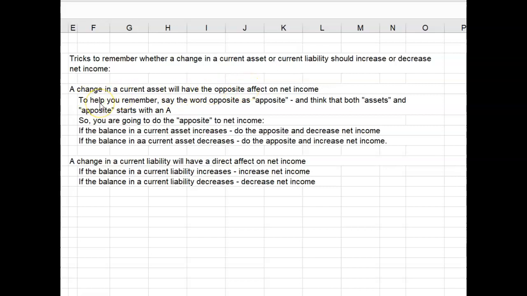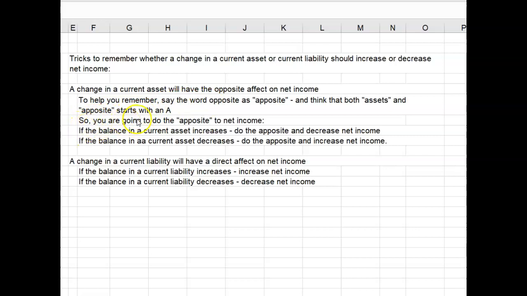And I find that if I pronounce opposite with a really bad accent, and say a change will have an "apposite" effect, then "apposite" sounds like it starts with the letter A. So to help you remember, say the word opposite as "apposite", and think that both assets and "apposite" start with an A. And that will remind you that a change in a current asset account has the opposite effect.